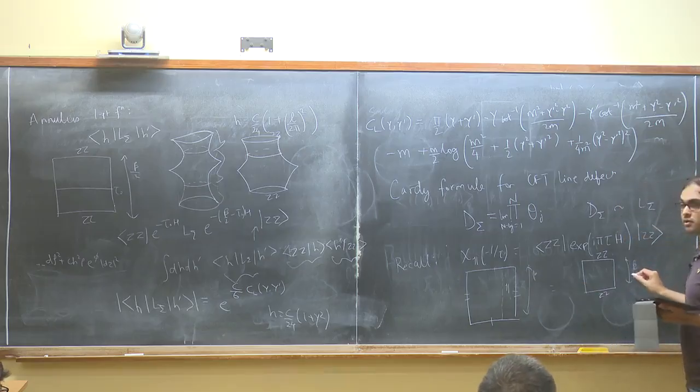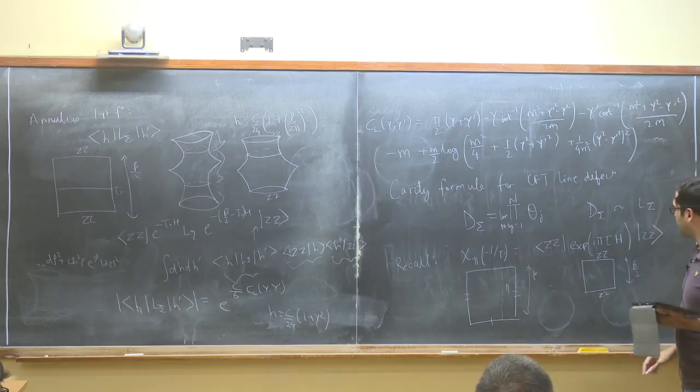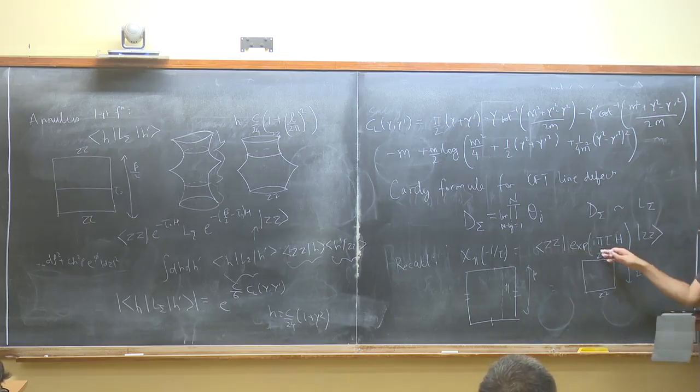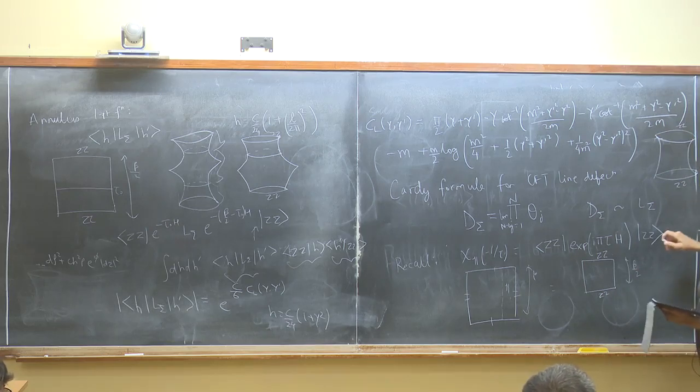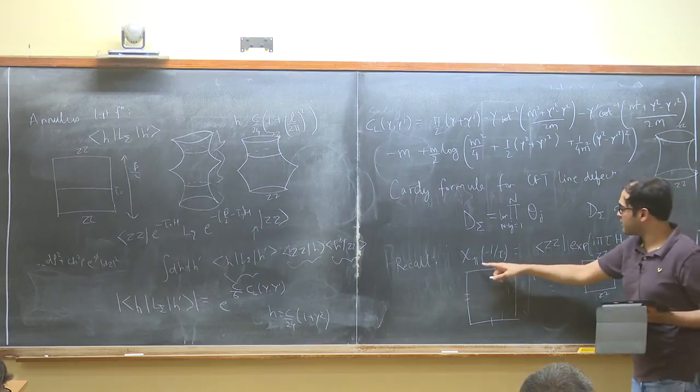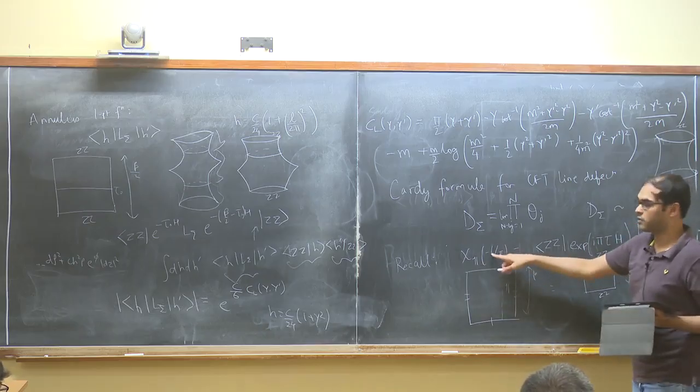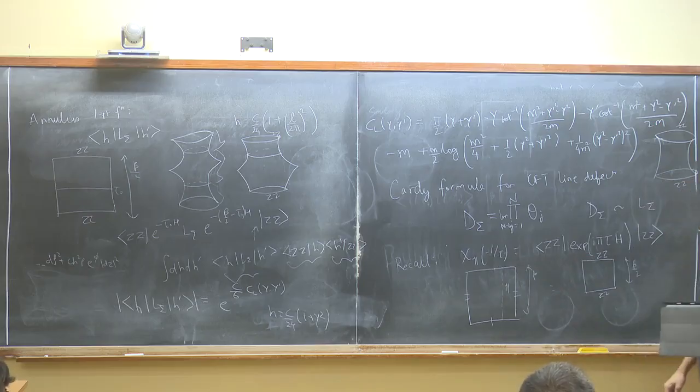So the channel is identity running. You are computing the cylinder transition amplitude, where you have ZZ states inserted and the height of the cylinder is beta over 2. The identity is running in the dual channel because you see there is a minus 1 over tau. But the dual channel is some boundary state, right?